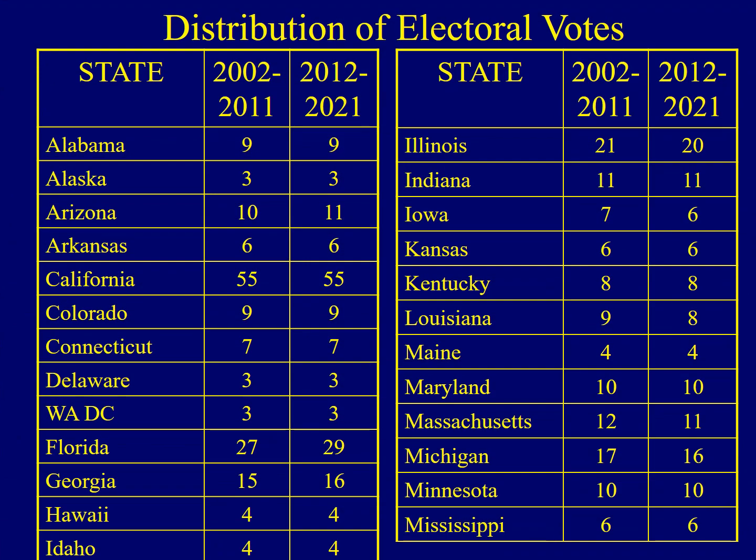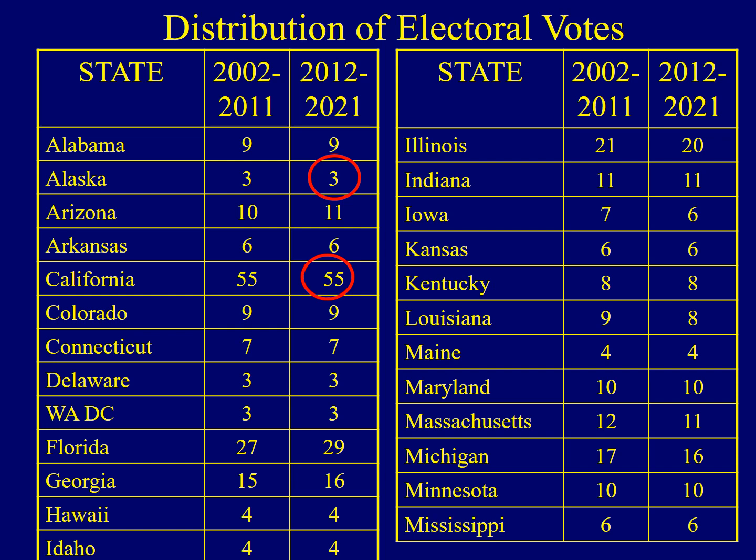No worries, do not memorize this chart, but I just wanted to point out how the number of electoral votes are distributed among different states. First of all, you see Alaska there. Alaska is a small state with only 3 electoral votes. California is the largest state with 55 electoral votes. It's the largest state in terms of population. Notice Florida.